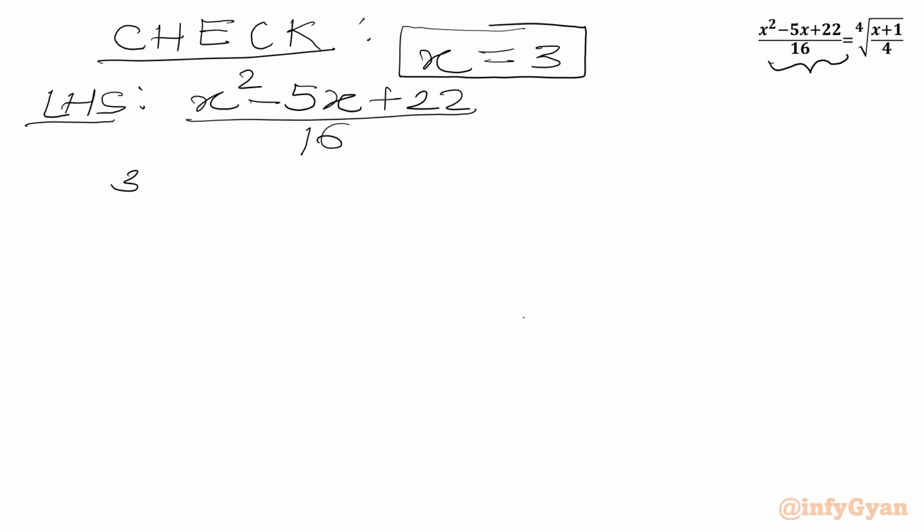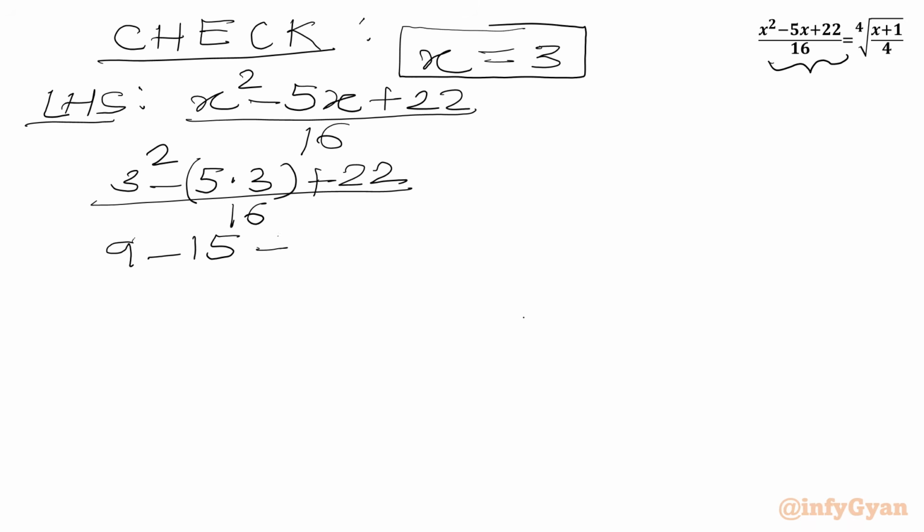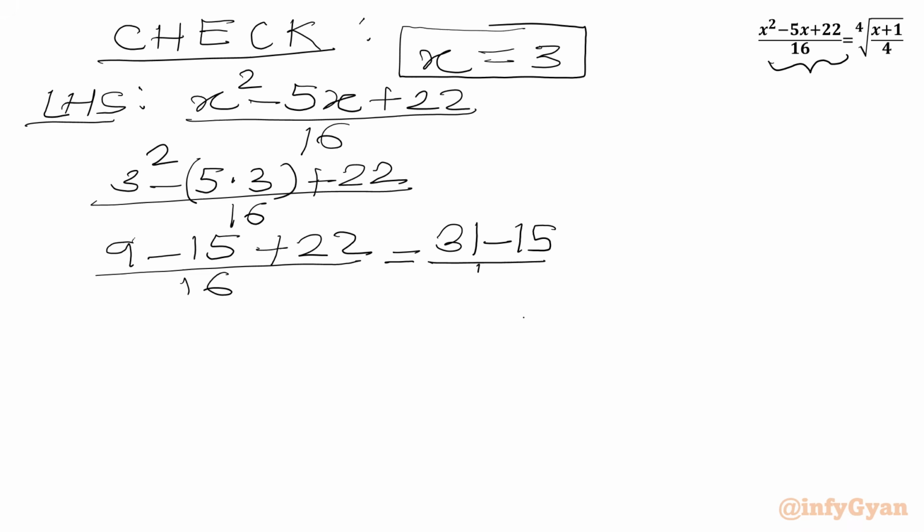We will get (3² − 5 times 3 + 22)/16, which is (9 − 15 + 22)/16. 9 plus 22 is 31, minus 15, we get 16 in the numerator. So the LHS is 16 over 16, and the value will be 1.